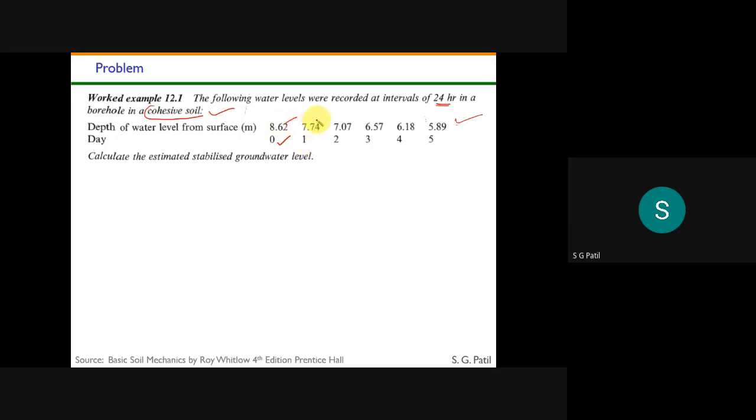On the next days 7.74, 7.07, 6.57, 6.18, 5.8, like that. Different depths we have measured from the ground level. Calculate the estimated stabilized groundwater level, they are asking.